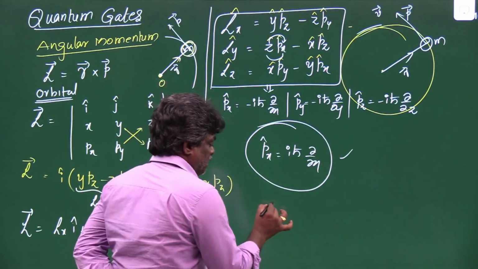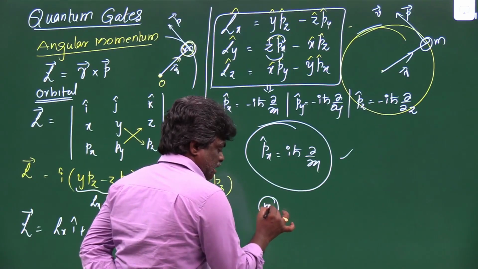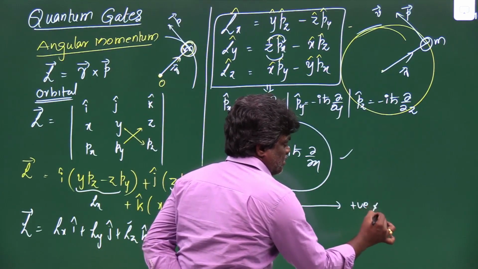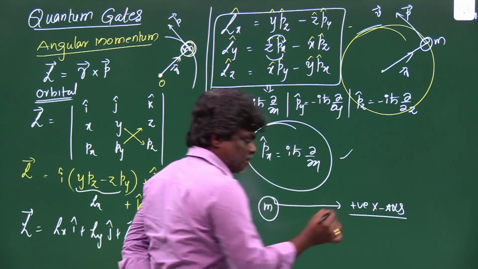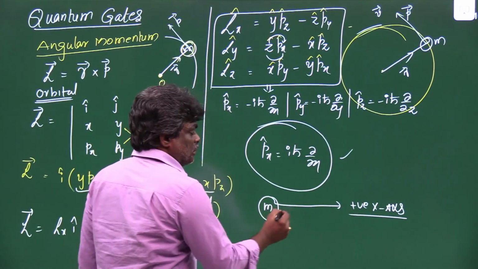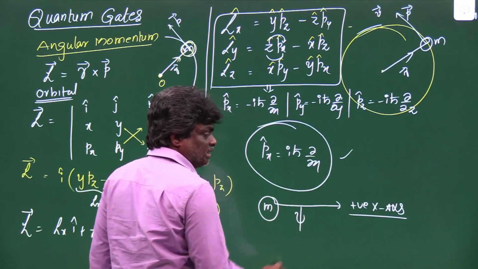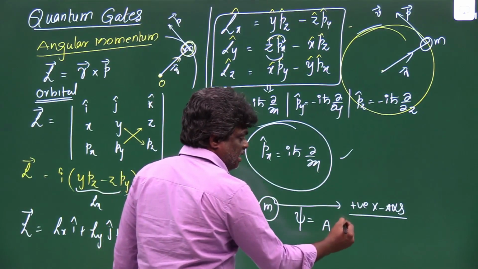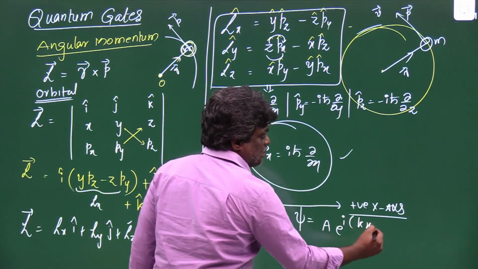Here, there is a particle of mass m. This is moving along positive x-axis, let us suppose. Okay, now I want to find its momentum. Then what will I do? First I will write the wave function along positive x-axis, that is A e raised to i(kx minus omega t).